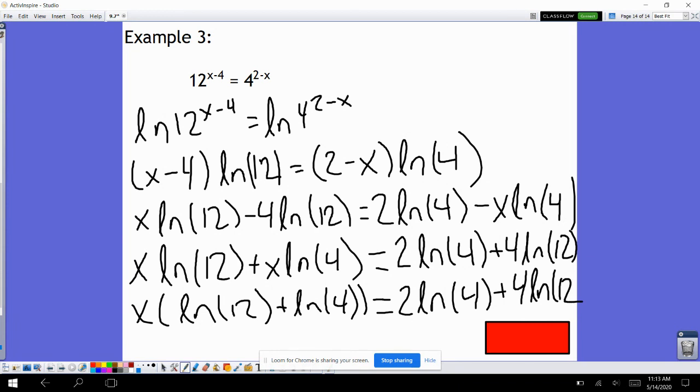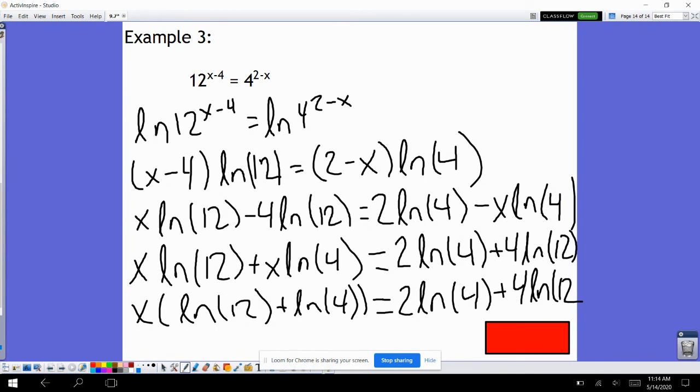And then what we're going to do is divide each side by the natural log of 12 plus the natural log of 4. So we're going to get 2 times the natural log of 4 plus 4 times the natural log of 12 divided by the natural log of 12 plus the natural log of 4.